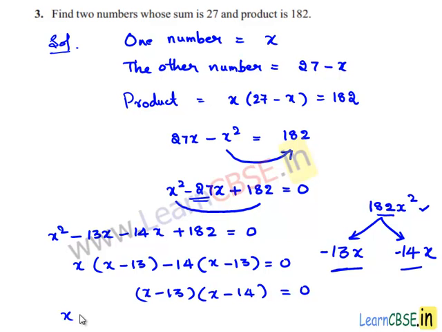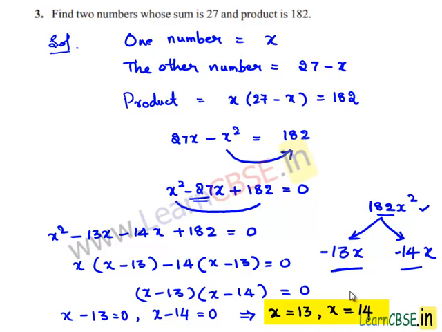We can write x minus 13 is equal to 0 or x minus 14 is equal to 0. This gives x is equal to 13 or x is equal to 14. Therefore, the two numbers are 13 and 14.